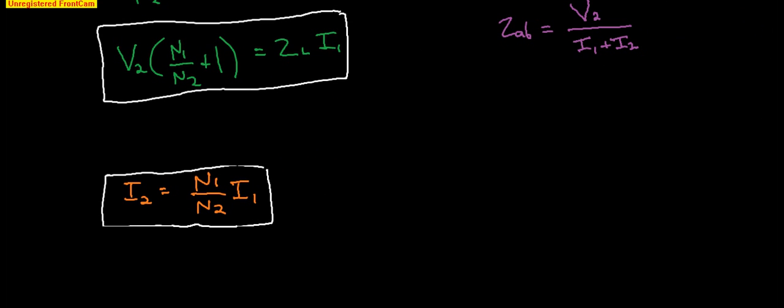Now we have the equations that we need to solve our original ZAB. Let's rewrite this so it's just in terms of V2. So V2 will be equal to ZL times I1 divided by this term, N1 over N2 plus 1.